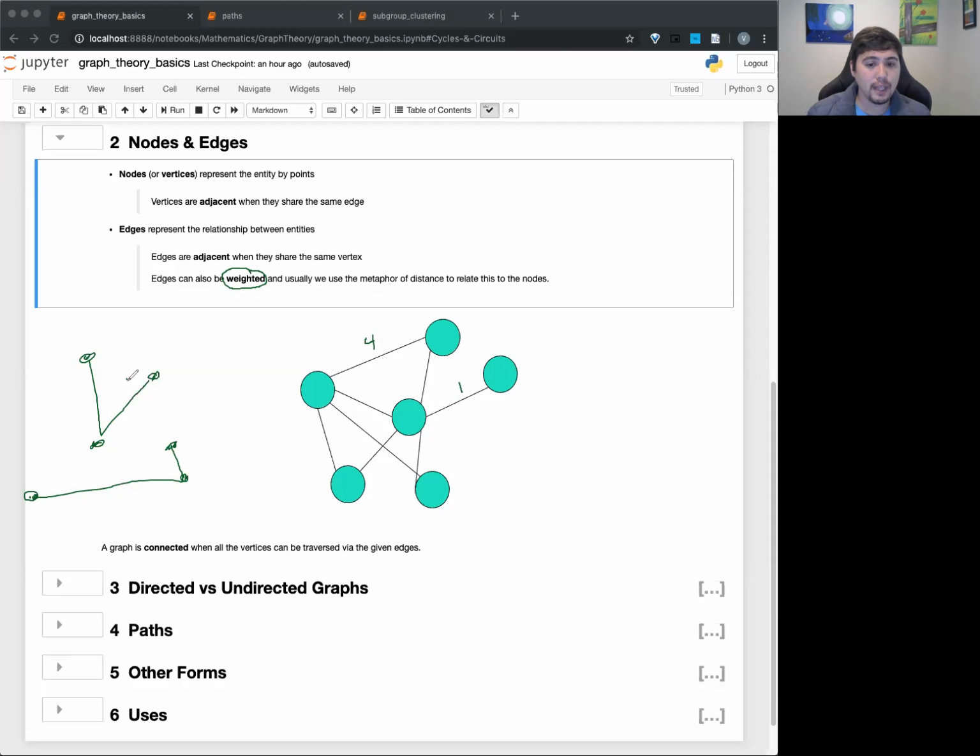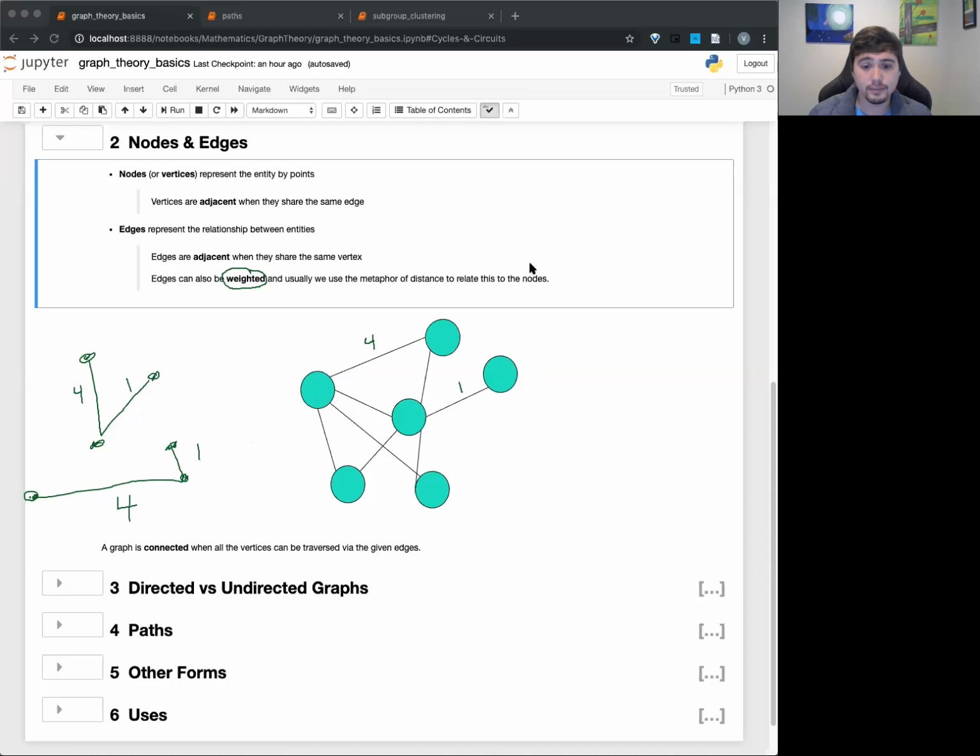So if I labeled it 1 and 4, I could have just labeled it like this too, and that would be the same thing. It's like if you remember back on standardized tests, this image is not drawn to scale. Same idea with graphs. In all math, basically, you say it's never to scale; you always assume that they're equal unless it's something else. So anyway, that's where we can have weights and stuff like that.